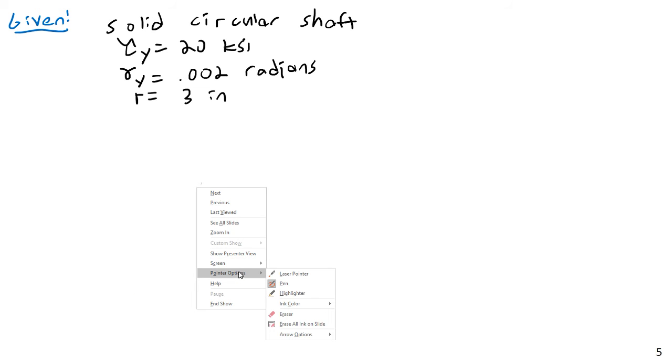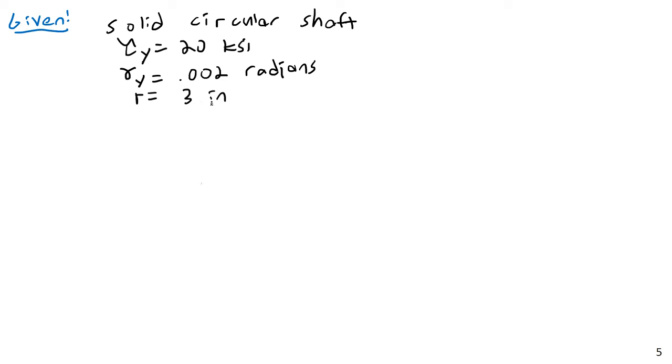And so we just know from this sample that the yield strain is going to be 0.002 radians. Sorry, not the yield radius, the yield shear strain. Gamma y is the yield strain. This would be a material property. We also know that the material has a yield shear stress of 20 ksi, and this shaft has a radius of 3 inches.